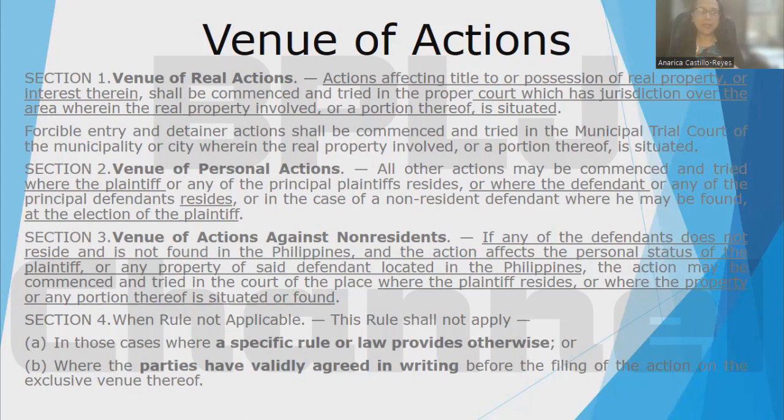So it would be very burdensome and inconvenient for the parties to file the action in that place. Okay, which will require the parties to ride a plane in order to reach the court where the action is filed. Okay?